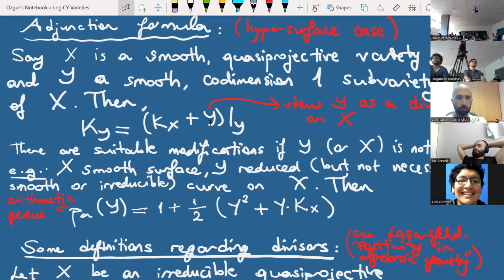And this is definitely not the most general form you can write this. There are suitable modifications if Y or even X is not smooth. One important example which will be used in this talk is when X is a smooth surface, so it's complex dimension 2, and Y is a reduced curve on X. So reduced means, as a divisor, it has no multiple components.